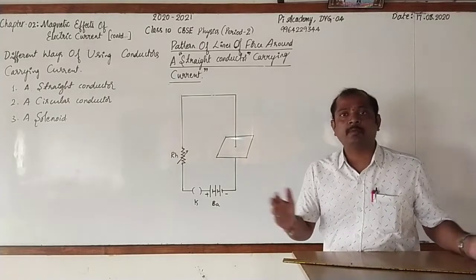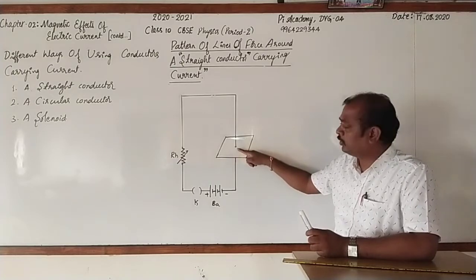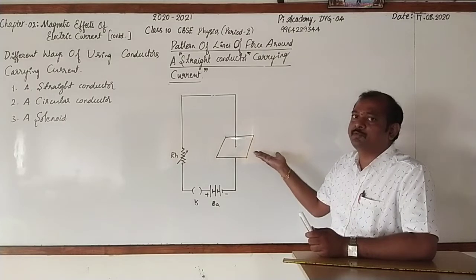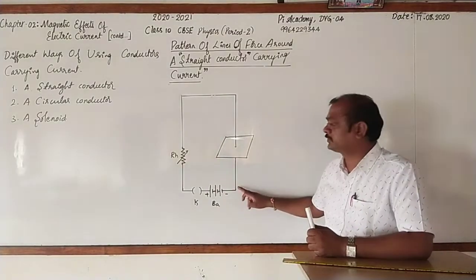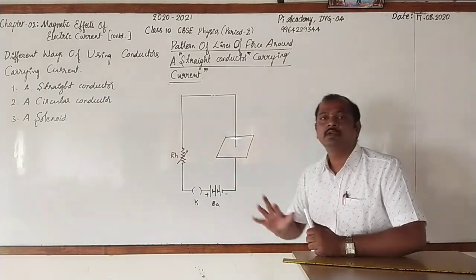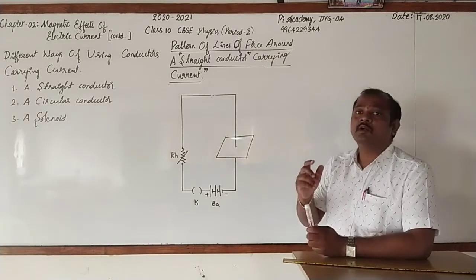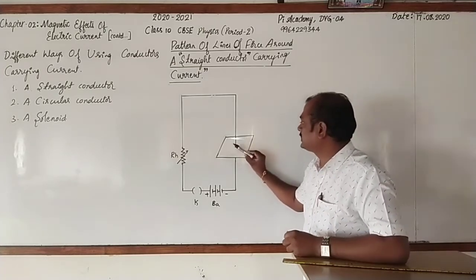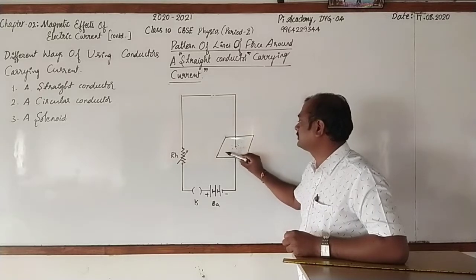Take a long copper wire and insert one end of it into the hole such that the wire is perpendicular to the surface of the cardboard. Connect the free ends of the wire to the terminals of a battery along with the switch and variable resistance, nothing but a rheostat. Next, take iron filings and spread them evenly on the cardboard like this.